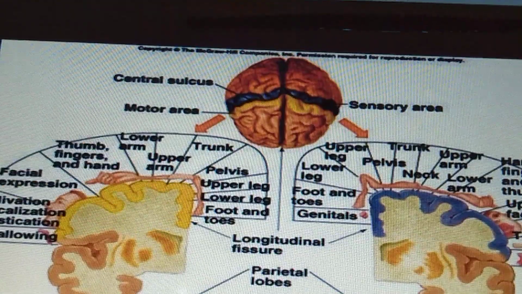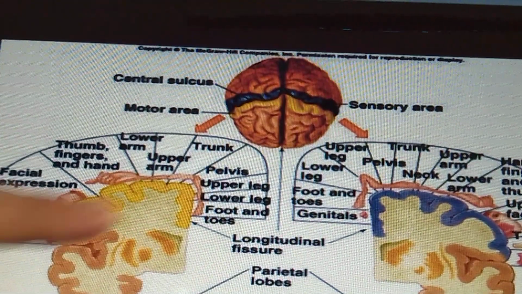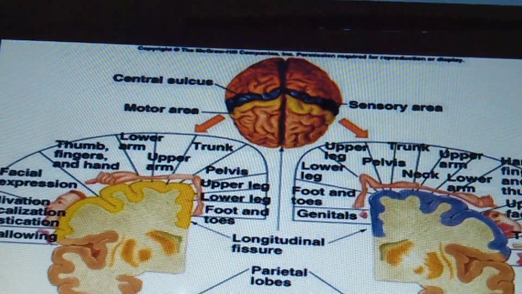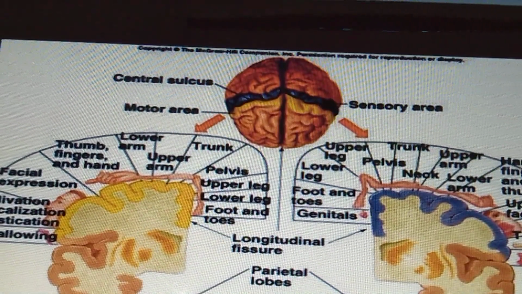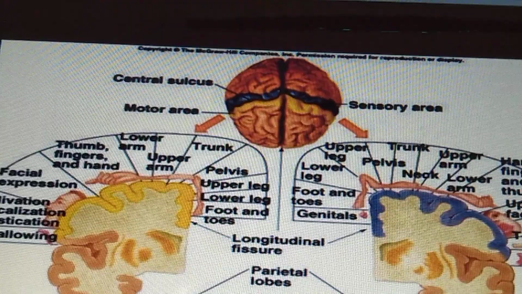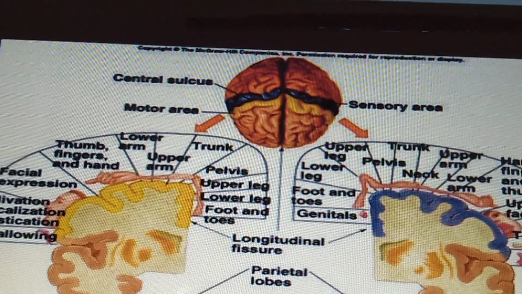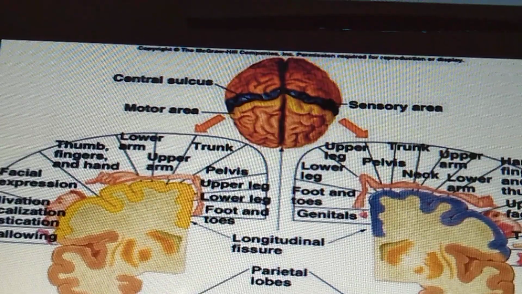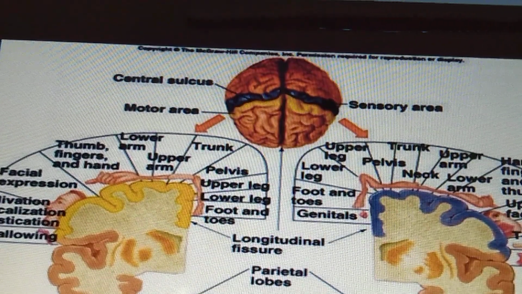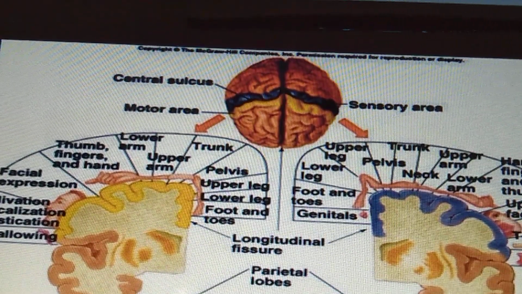In the motor it was depending upon the function, but here it is depending upon the sensation that particular area has to carry for the maximum number of times. So for example, the thumb and fingers will carry the maximum sensations. Lips and the tongue have a disproportionately large representation here.